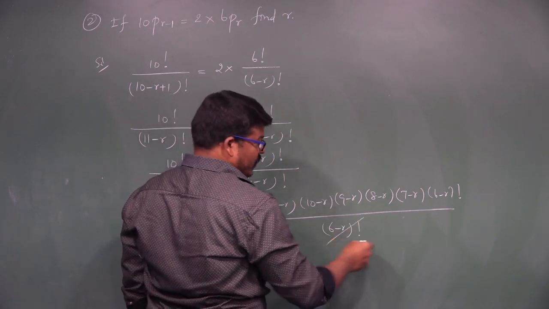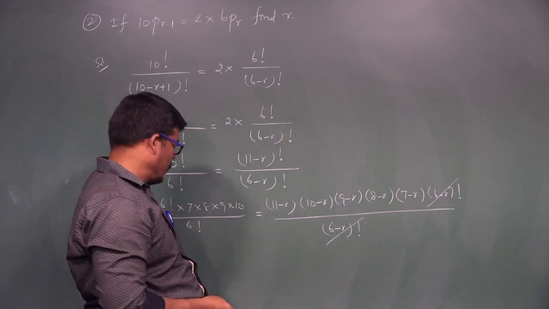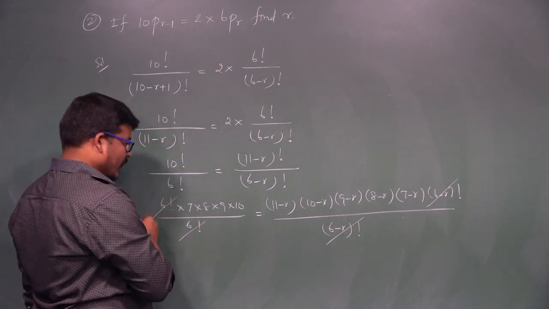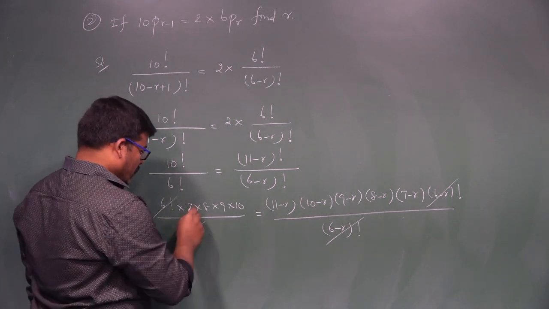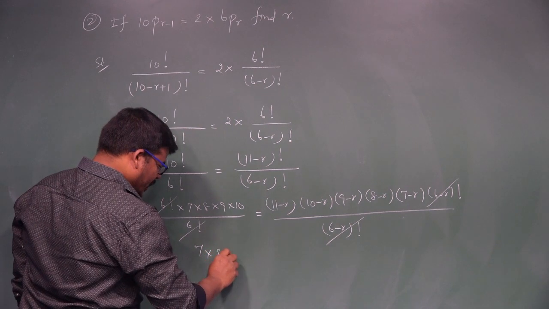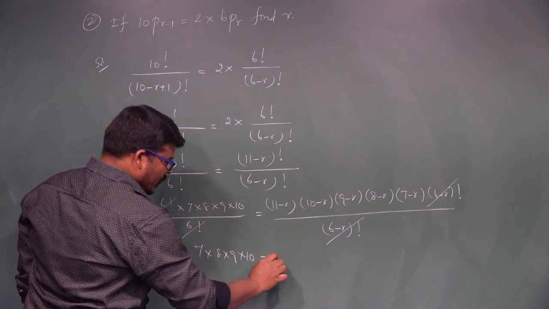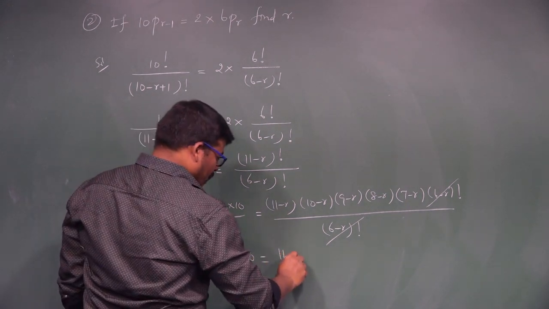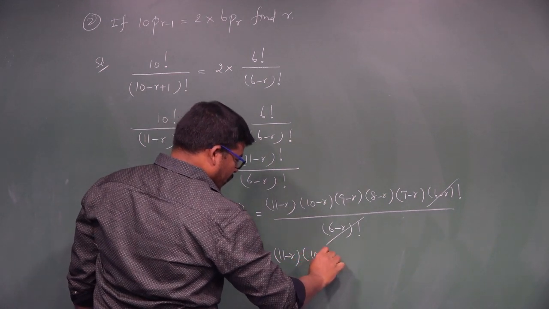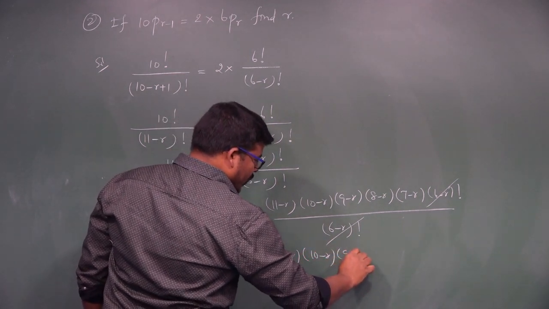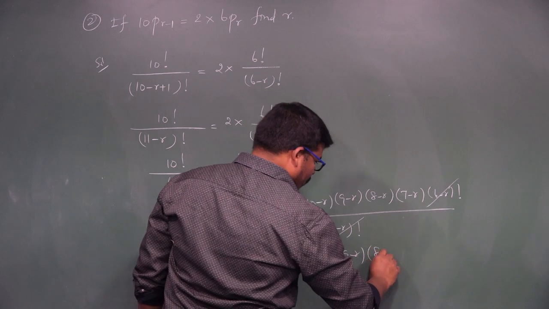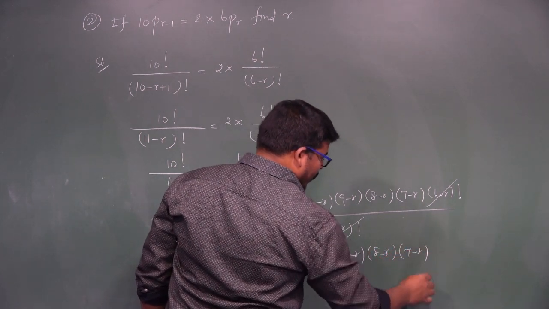Now cancel (6 minus r) factorial. The next one, 7 into 8 into 9 into 10 equal to (11 minus r) into (10 minus r) into (9 minus r) into (8 minus r) into (7 minus r).